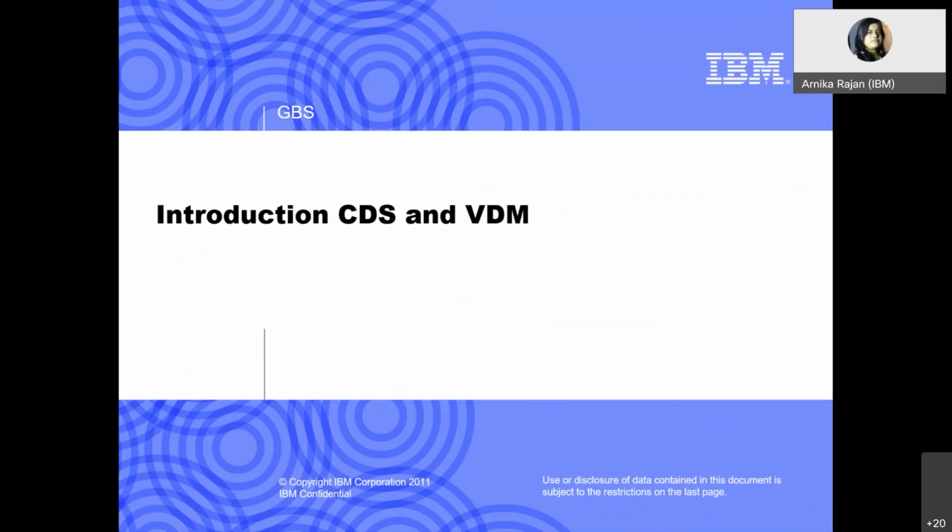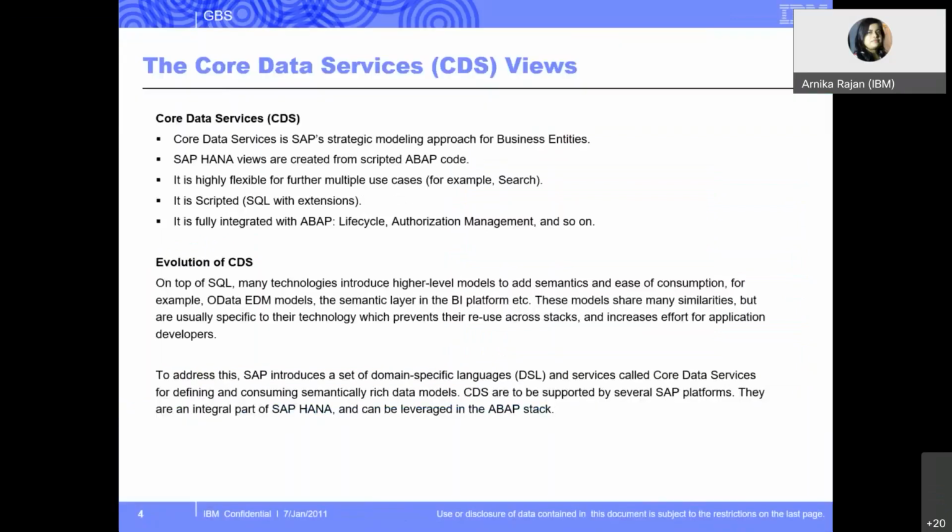This is the introduction to CDS and VDM. So we'll start with CDS views. CDS views are part of the virtual data model of SAP HANA. They allow direct access to the underlying tables of the HANA database.